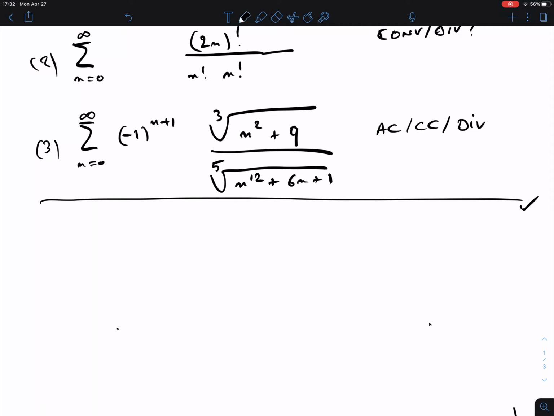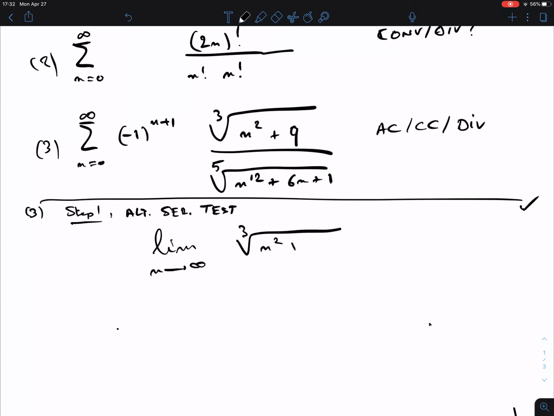So okay, it's again number 3, step 1 is the alternating series test. Now this is a little bit trickier, because I have to now calculate the limit for n going to infinity of this quantity without the negative sign: the cube root of n squared plus 9 over the 5th root of n to the 12th plus 6n plus 1.